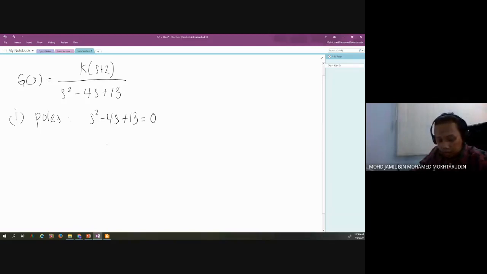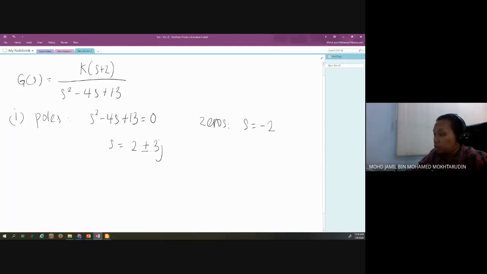So use calculator. If you use calculator, S equals 2 plus minus 3J. And then zero is at S equals minus 2.